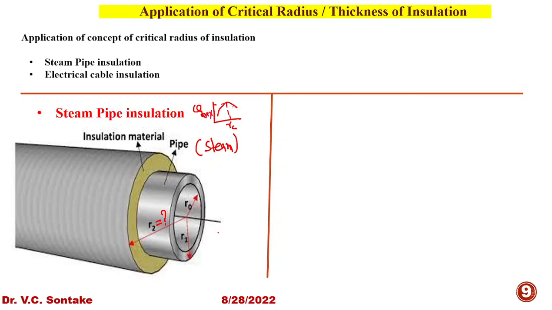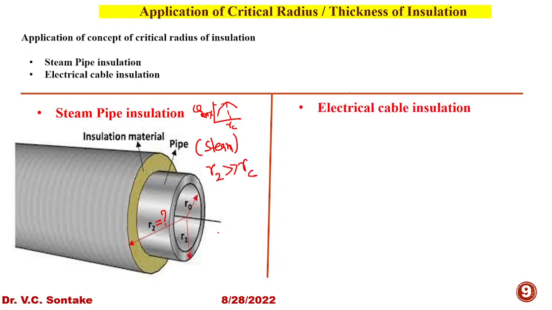So keeping in mind the nature of variation of the heat transfer with reference to the radius of insulation, what should be this R2? In this case, we want heat transfer rate to be decreased or minimum. So this outer radius of insulation will be much greater than the critical radius of insulation.